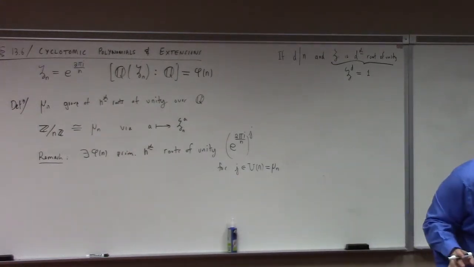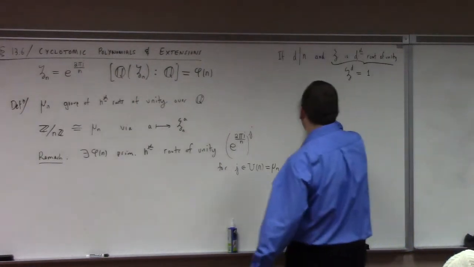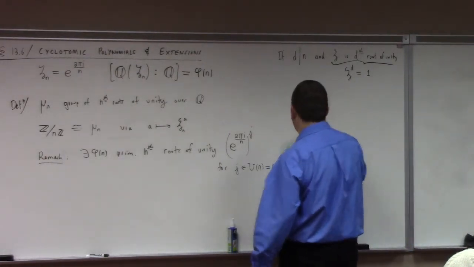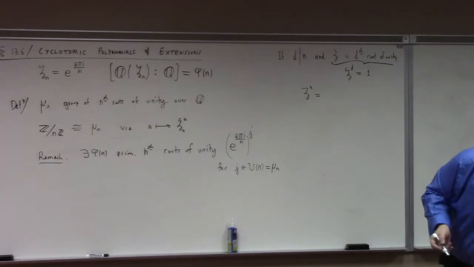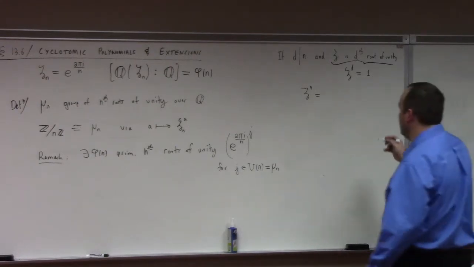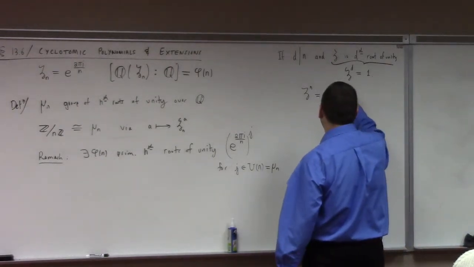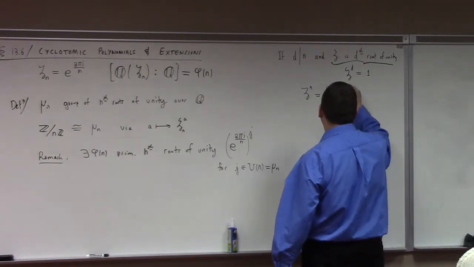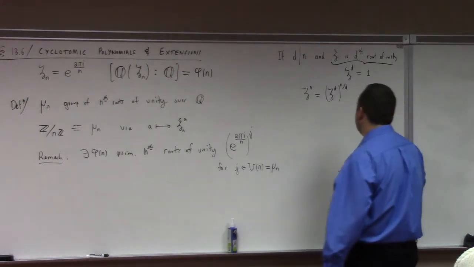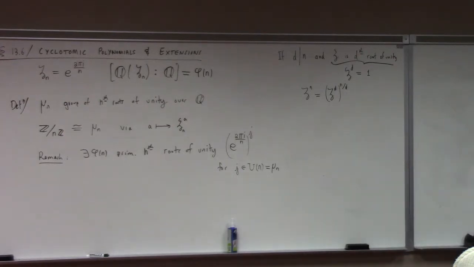And then he says, since zeta to the n is zeta to the d to the n over d, and n over d is an integer, because d divides n, whatever it is.